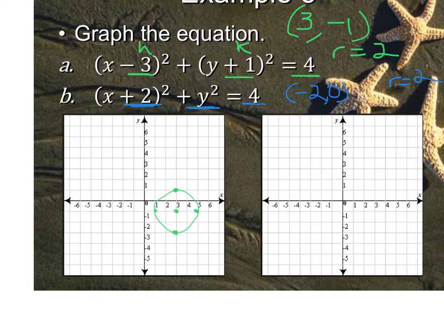So again, I'm going to plot my center at the ordered pair -2, 0. And then from there, go 2 up, 2 to the right, 2 down, and 2 to the left. And connect your dots, make your circle. And that's how you graph it from a standard form of the circle equation.